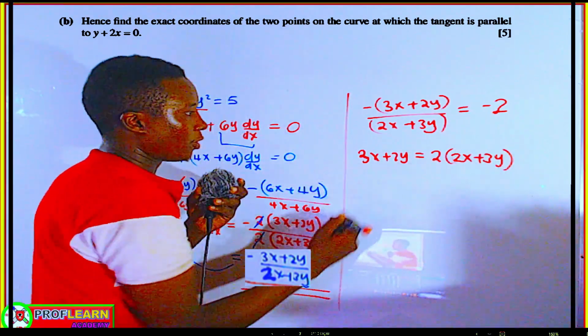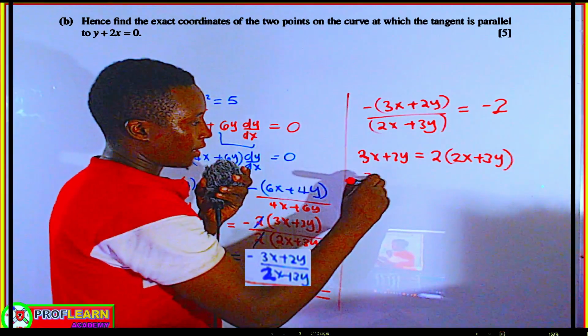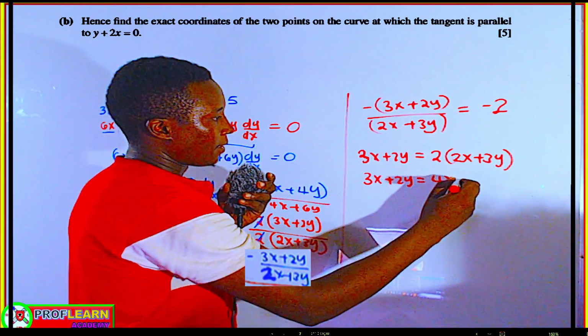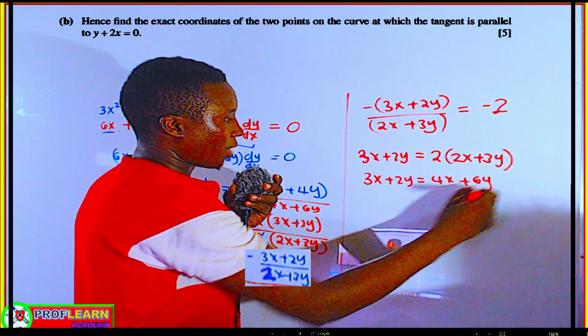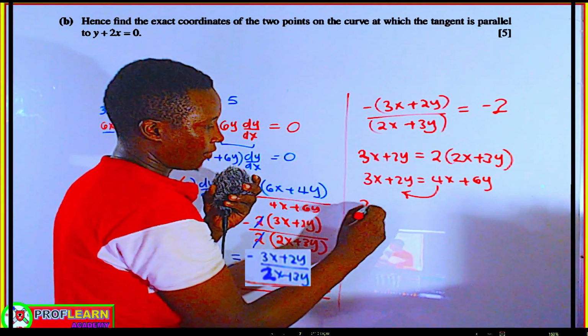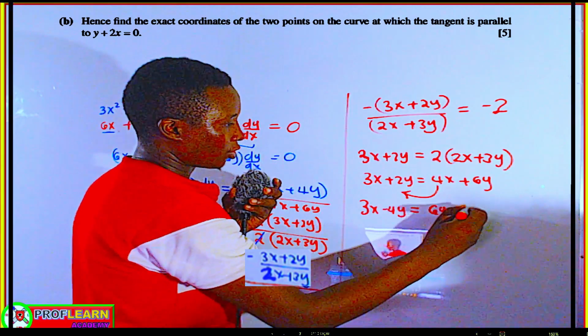And if we open the bracket, we are going to have 3x plus 2y equals 4x plus 6y. And I can take this on the other side.